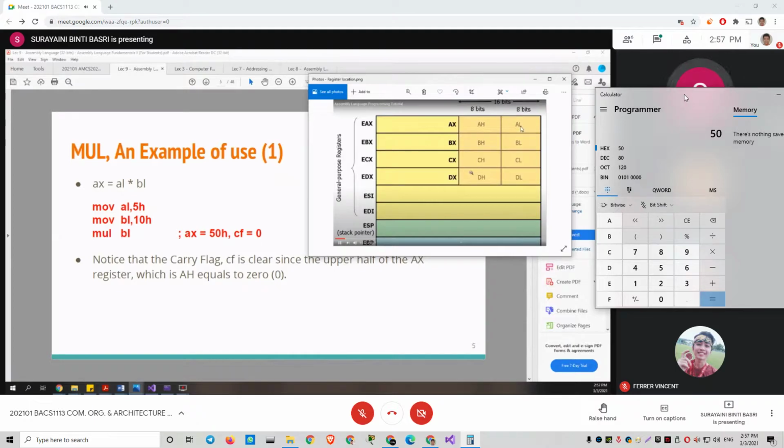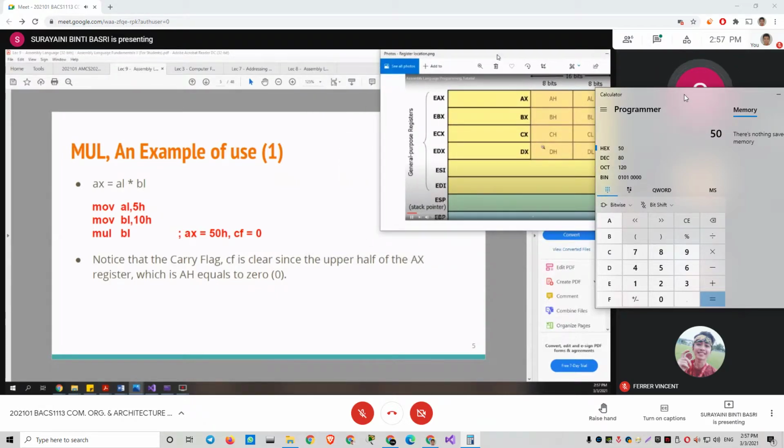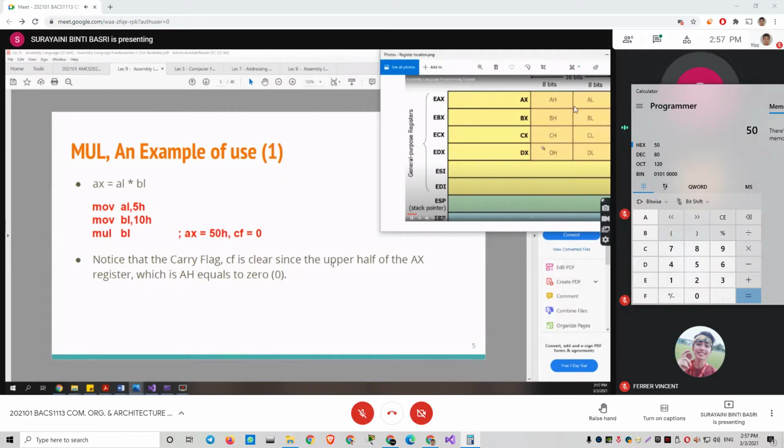So that's why your AH will have no value; it will not be occupied. That's why the CF is 0, because your AH part is clear, meaning it has no value, because 50 hexadecimal only occupies AL.